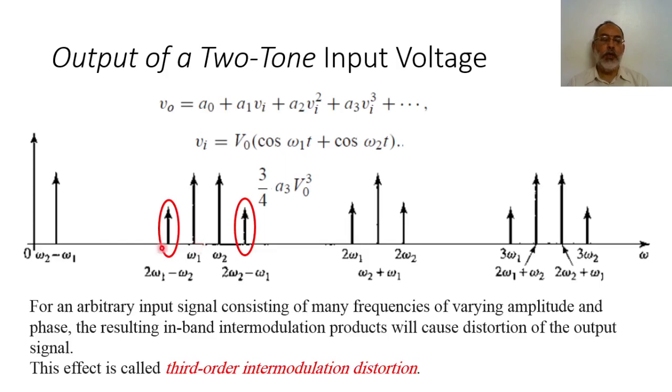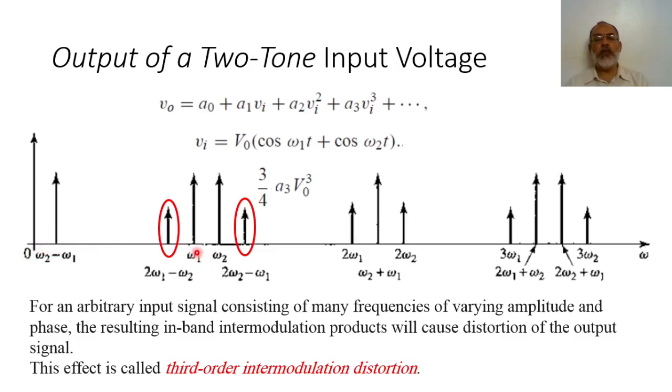In addition, we have components proportional to omega 2 minus omega 1, and other components with a frequency omega 1 minus omega 2. For both cases, they are quite close to the DC component. So omega 2 here is greater than omega 1, but the difference here is a very small value.